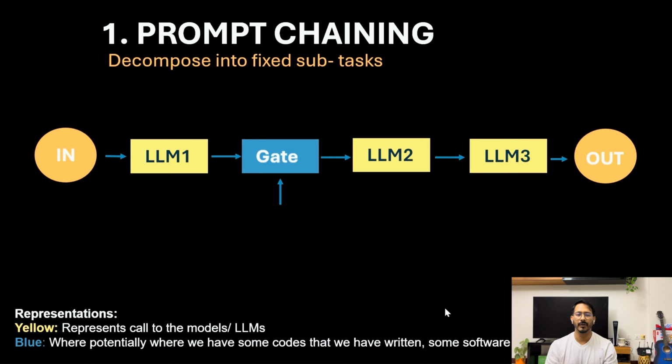So I am breaking one task, which is the expected output, and giving those subtasks to multiple LLMs. LLM 1, 2, 3 each handle a subtask to get one final output. That's chaining. We are chaining based on the prompt. That's what prompt chaining is. Let's go into an example, as I mentioned, and we'll go to N8N now.